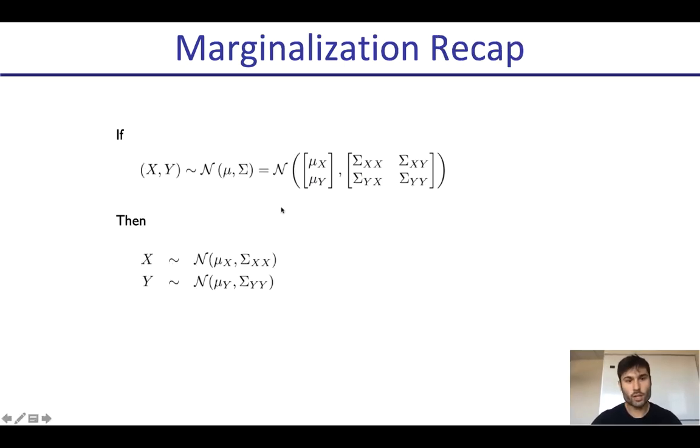Just a quick recap: if we have a joint distribution that follows this partitioned variable with parameters mu x, mu y, and all the covariance terms, marginalizing is pretty straightforward. You just take the mu of the parameter x and the covariance of the parameter x, and the same if you do it with respect to y.